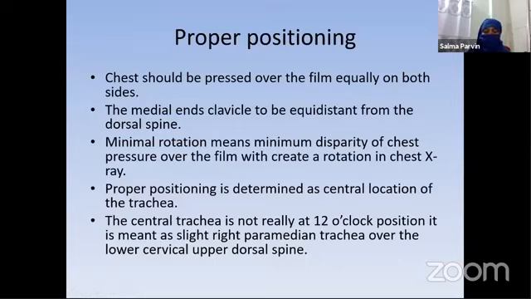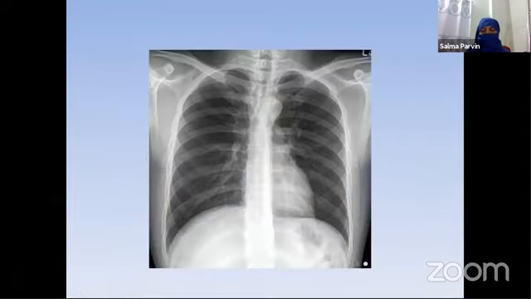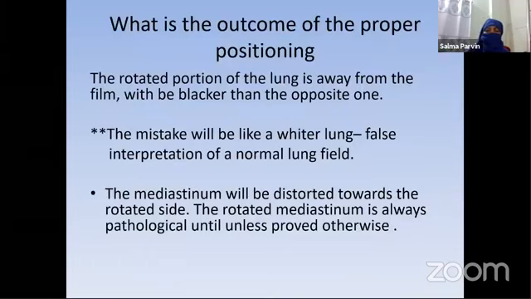The central is really not carrying the sense of center. It is just off midline, slightly off midline to the right side. And equidistant clavicular ends will declare the patient's proper positioning. The mistake will be like a whiter lung, the part which is internal.